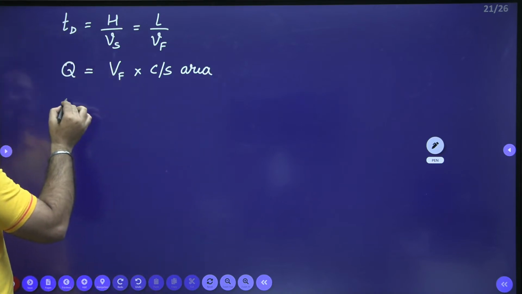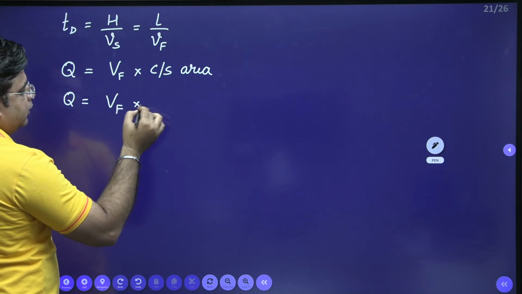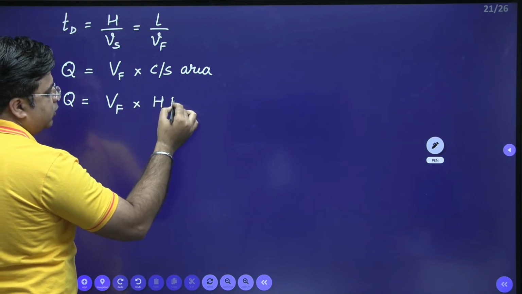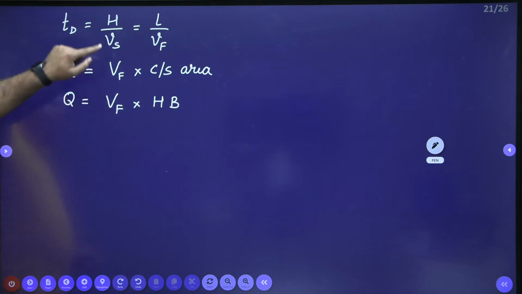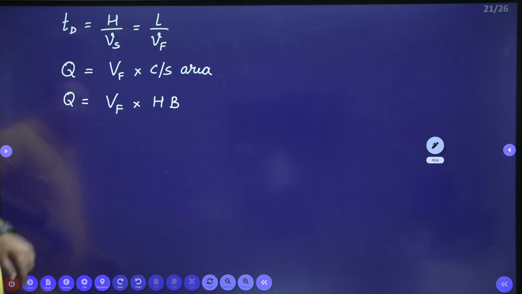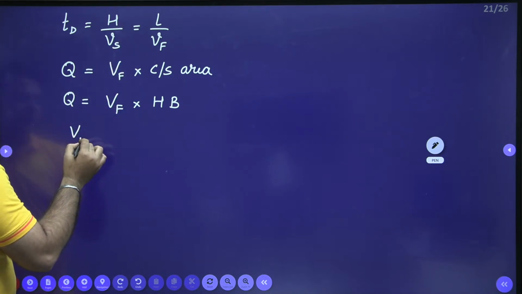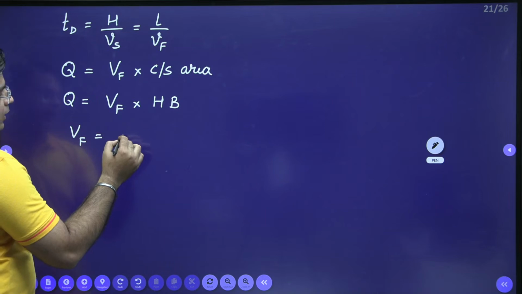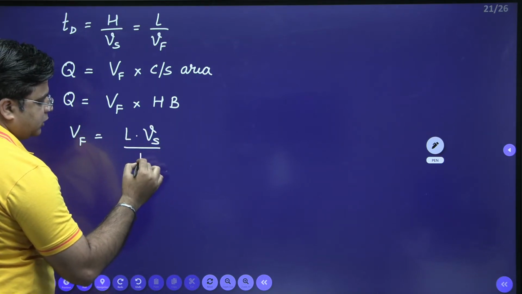This cross-sectional area can be written as H into B, okay. Now when you substitute this Vf in terms of Vs, Vf can be written as L into Vs divided by H.